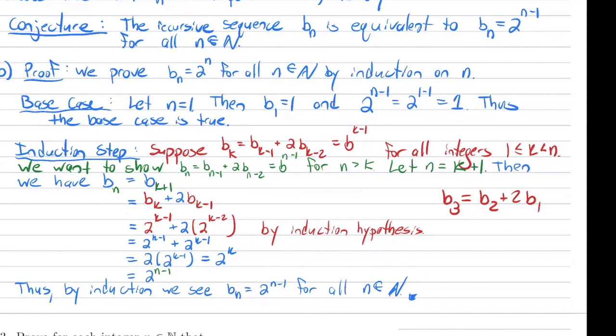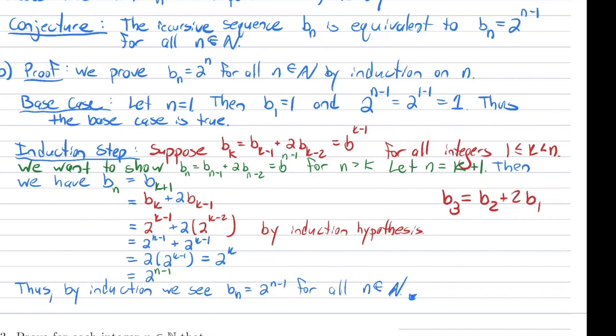Sometimes people are proving more than they need, which is less wrong, but it's just a little bit less elegant if you're writing out tons and tons of cases. So as you're getting ready for the exam, think about how many base cases you would need to prove.